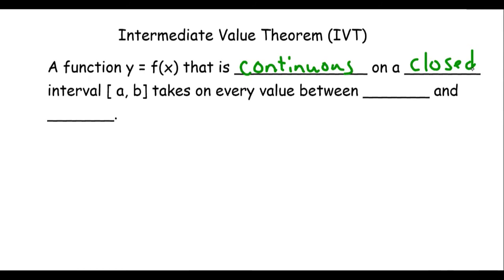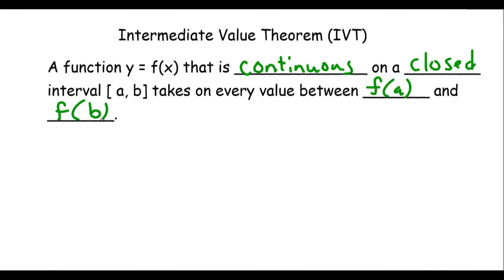So a closed interval from A to B where the endpoints are included. So the function f of x that is continuous on a closed interval from A to B takes every value between f of A and f of the other endpoint B. That's the theorem. Now I'll have to explain what that means. That's the theorem that we'll be using.